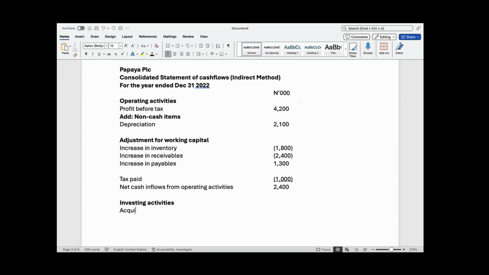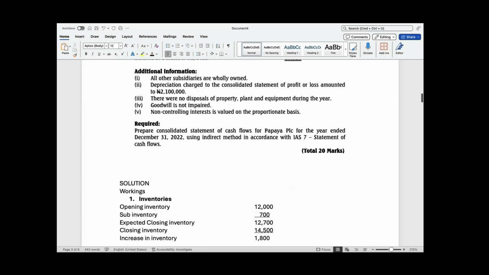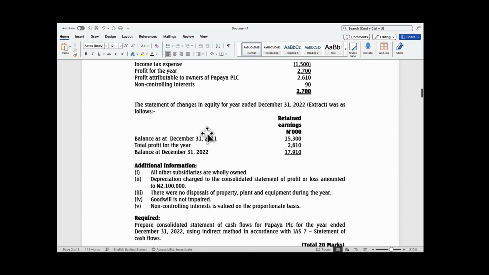So when you acquire, you bracket it. Acquisition of PPE, outflow, 2,200.